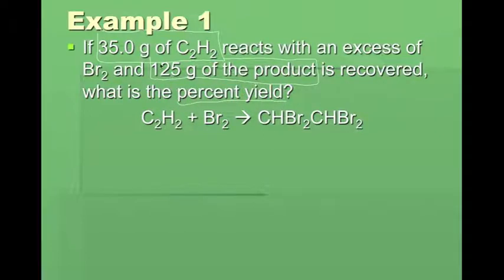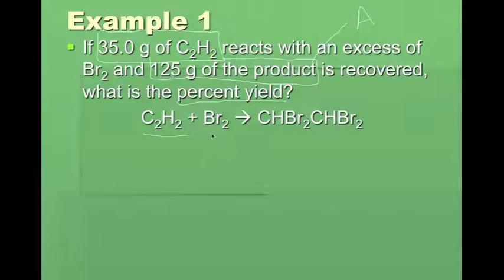When we look at 125 grams of the product is recovered, you can put is recovered, is formed, or is measured. No matter how you put it, this is what we're actually getting in the lab. We have 125 grams that we got in the lab. Now, we started with 35.0 grams of C2H2, which means that C2H2 is our reactant.